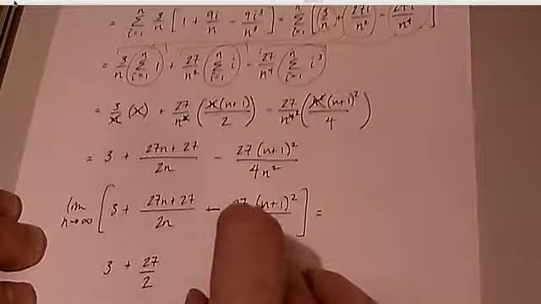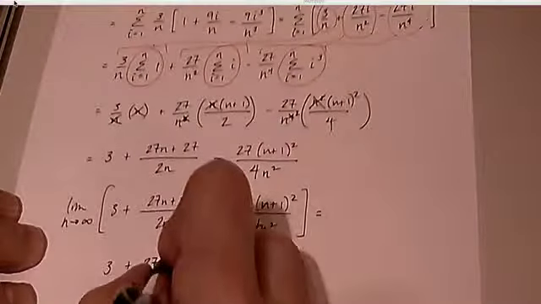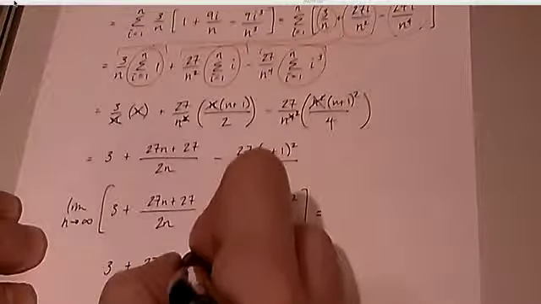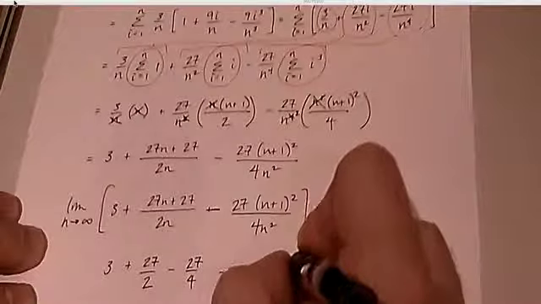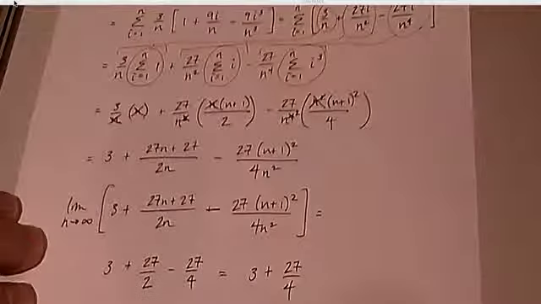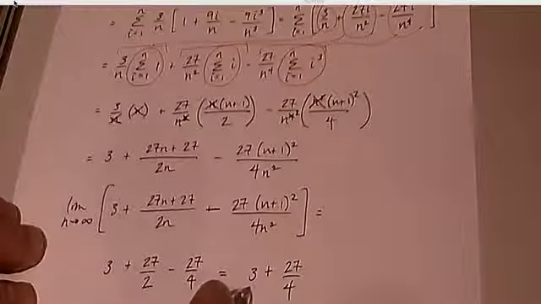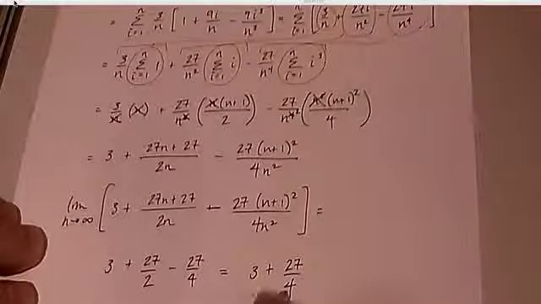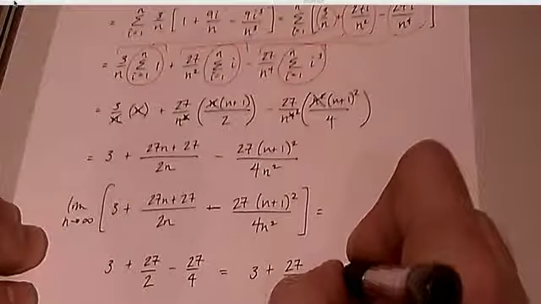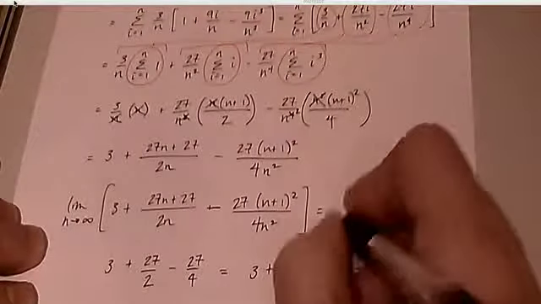And then this one has the same degree in the numerator and denominator, so we basically do the leading coefficients again, and that's minus 27 fourths, or 3 plus 27 fourths, once you simplify these fractions, right? Okay, well that 27 fourths is just shy of 7, so it's 6 3/4, so that's 9.75.